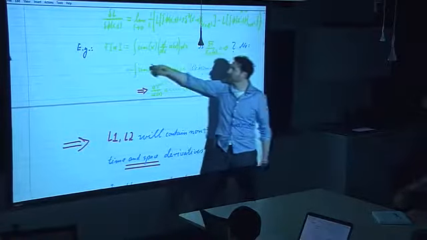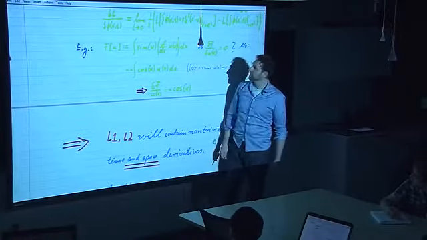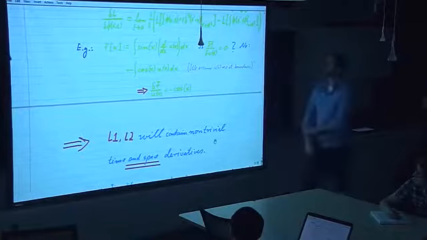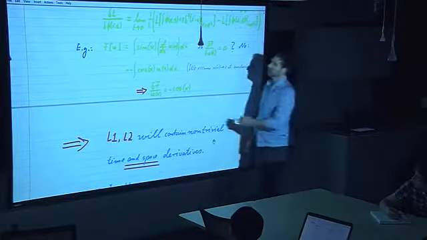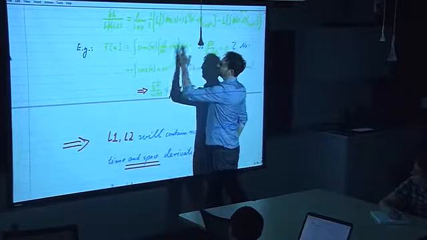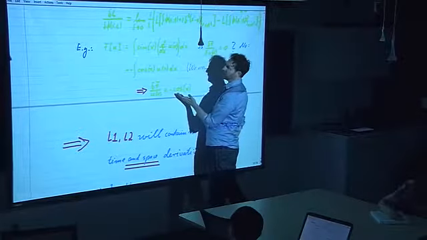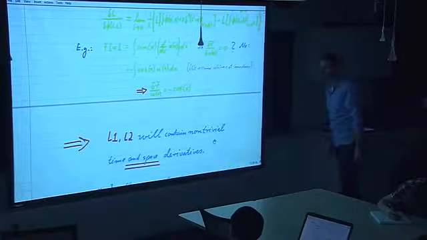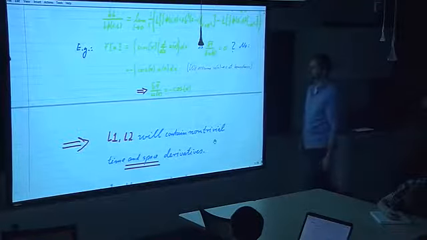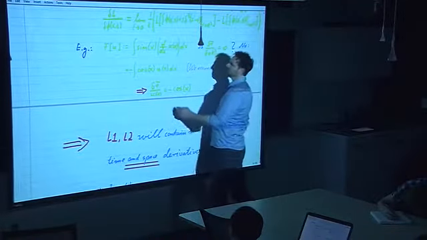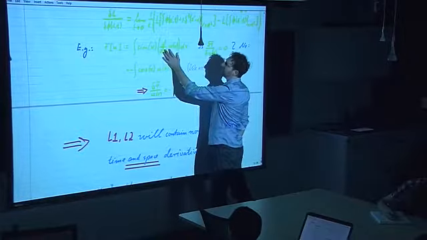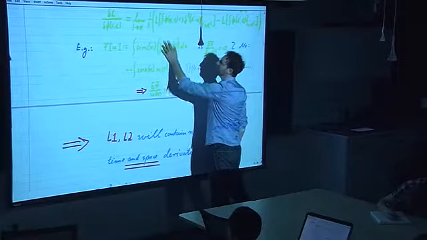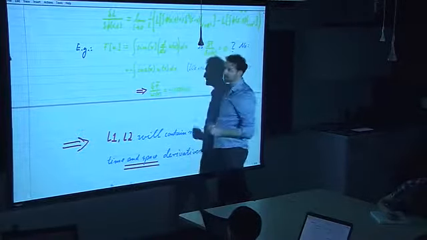We have a functional, it depends on the spatial derivative of a function. And then we found, if you functionally differentiate it, you get minus cosine. Maybe there's a general structure behind this, a structure that would say, just differentiate it as if it were an ordinary function without derivative.